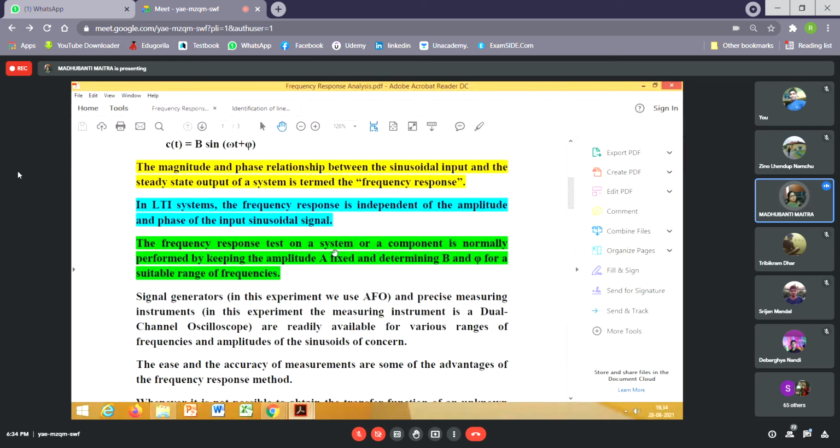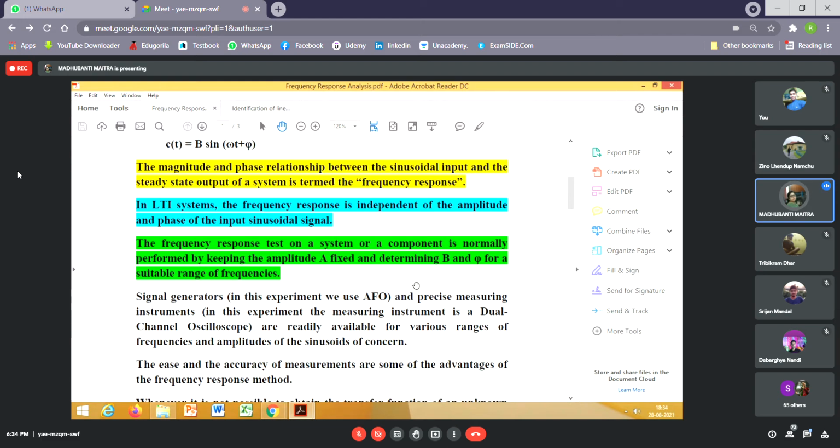The frequency response test on a system or a component is normally performed by keeping the amplitude A of the input signal fixed, and determining B and phi for a suitable range of frequencies, right?